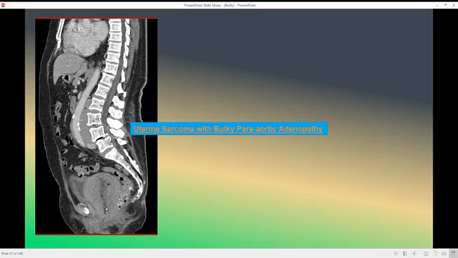Okay, malignant uterine tumor, and as we see here, the dilatation of the endometrial cavity.